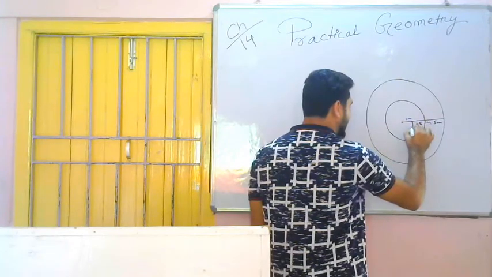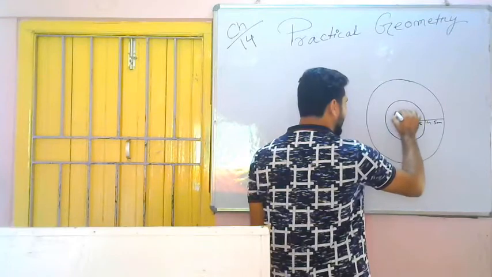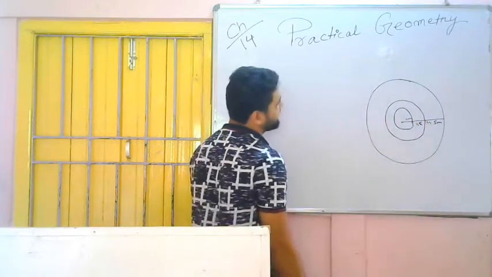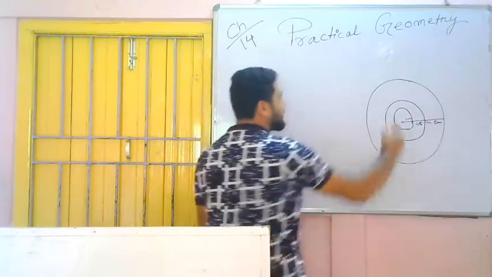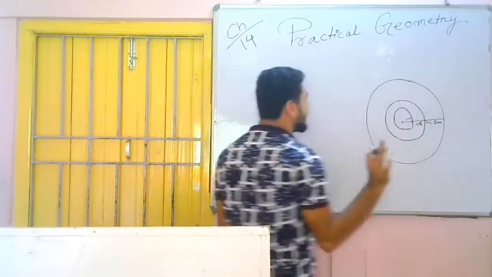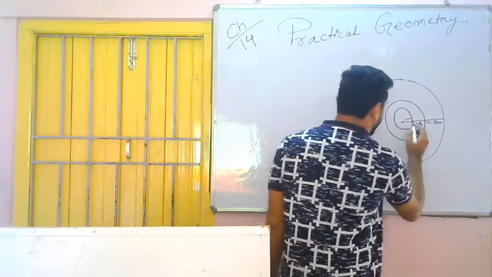I am just drawing by hand. Like this shape you will get. The gaps of these 3 circles will be equal like this.